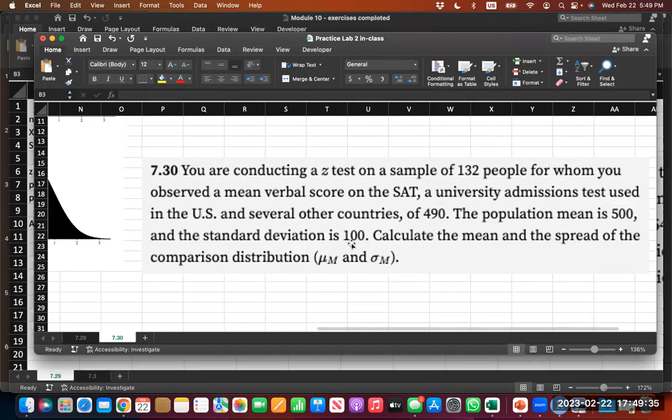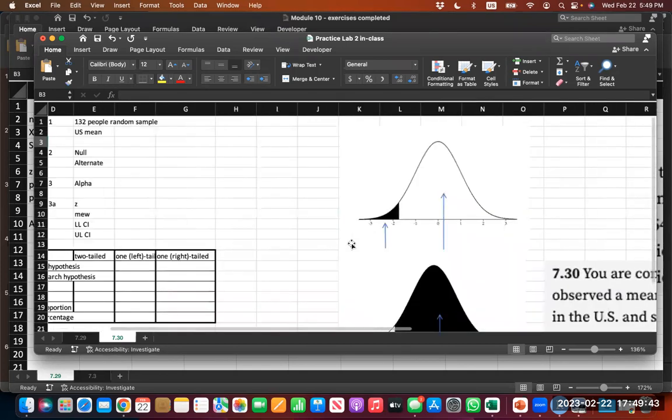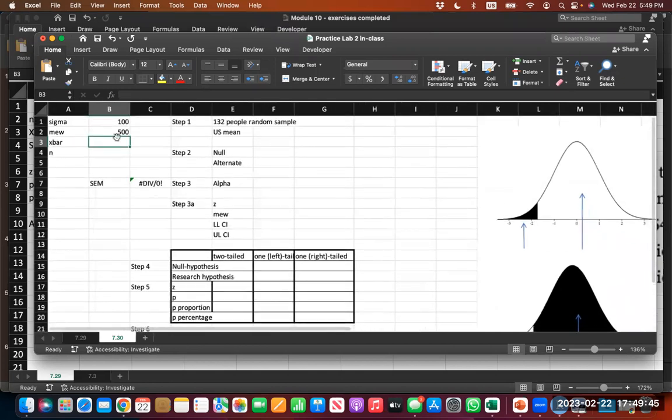The population mean is mu, and the population standard deviation is 100. That's sigma. So we have sigma 100, mu 500, X bar 490, and N is 132.